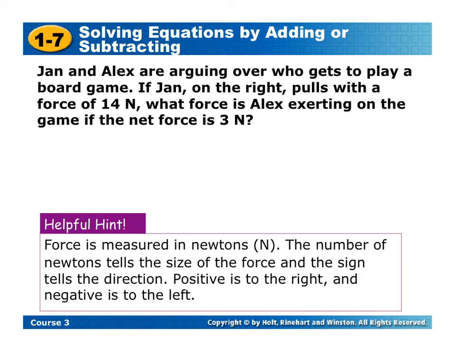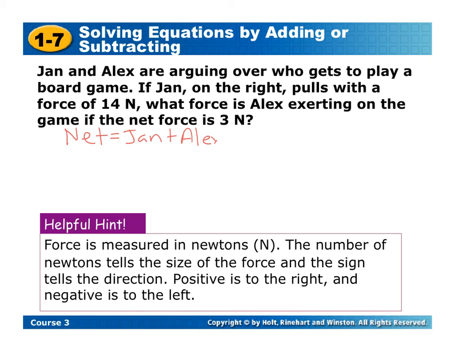Now, a hint is a force is measured in newtons. The number of newtons tells the size of the force and the sign tells the direction. Positive is to the right and negative is to the left. So here, since we're looking at a net force, we are adding the two values together. So the net force has to equal Jan plus Alex.